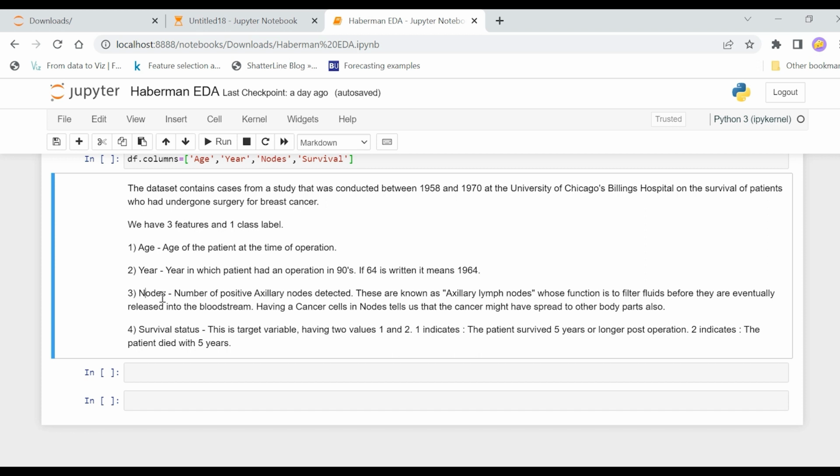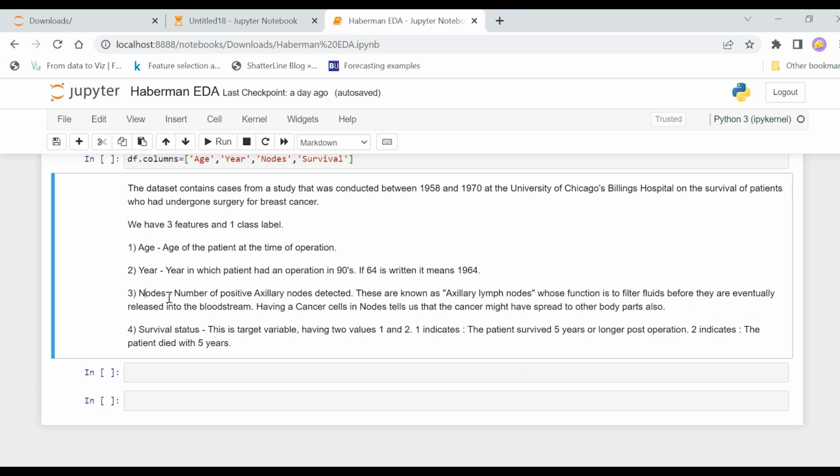Third is the nodes. Nodes here are the number of positive axillary nodes detected. I am not a domain expert, but if somebody has domain knowledge about this, they can know that the axillary lymph nodes have a function to filter fluids before they are eventually released into the bloodstream. And having cancer cells in the nodes tells us that the cancer might have spread to other body parts also.